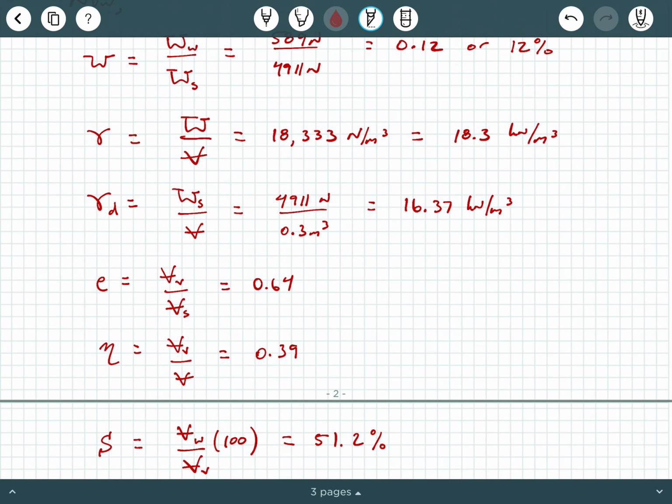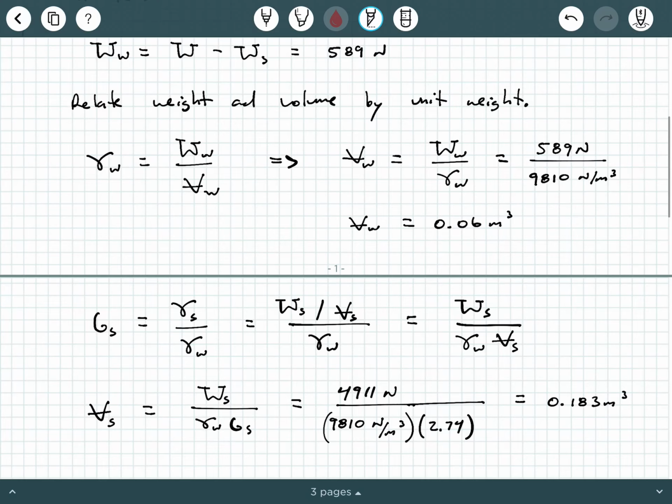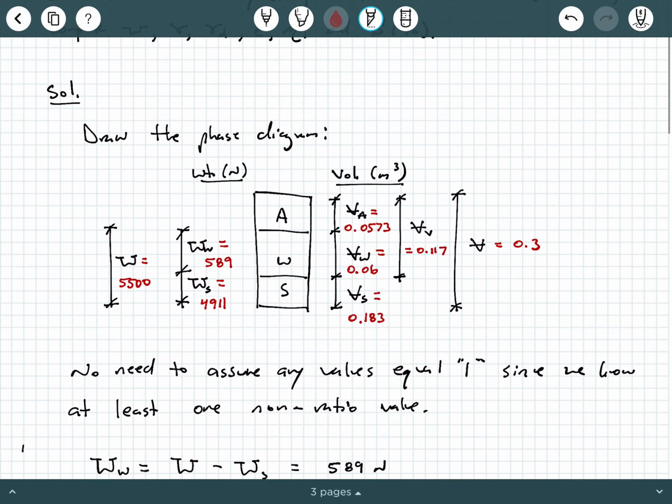So when we're given non-ratio values, these calculated values that we populated our phase diagram with are actual hard numbers. These numbers are not going to change. These are actual physical numbers of a soil sample that we have. Maybe it came out of a Shelby tube, maybe it came out of a split spoon. Either way, these are actual numbers of a real soil sample we have.